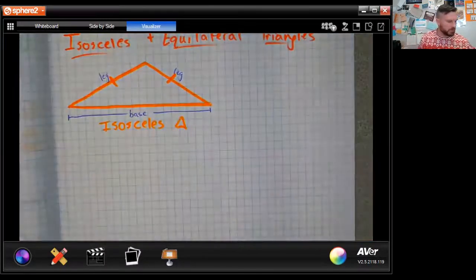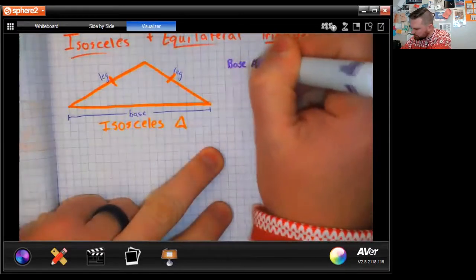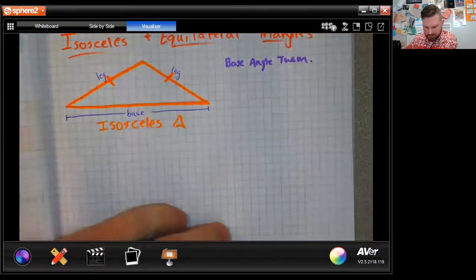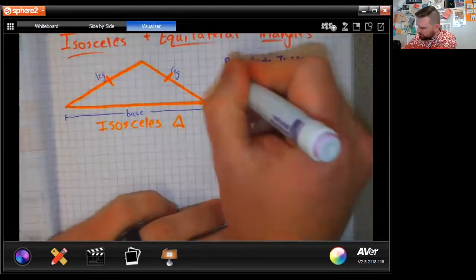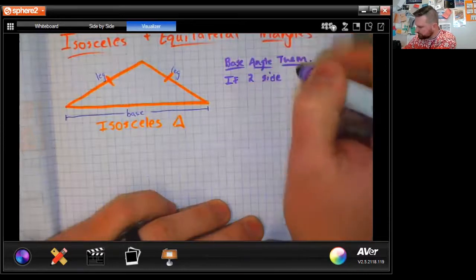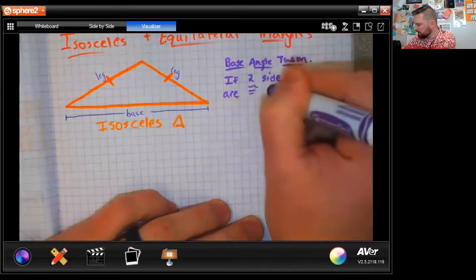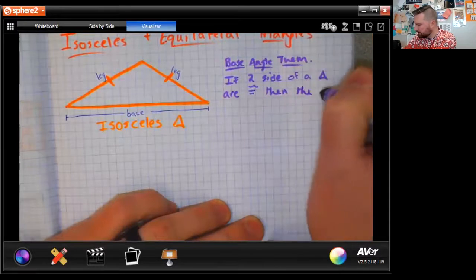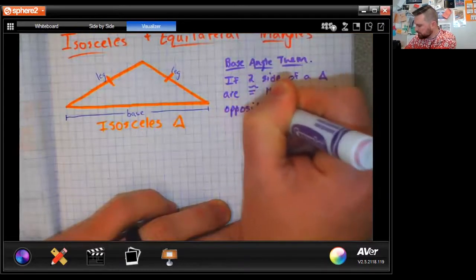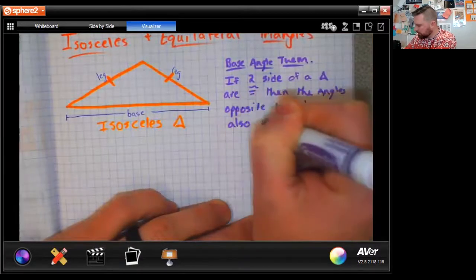Okay, and we have what's called the base angle theorem. The base angle theorem says if two sides of a triangle are congruent, then the angles opposite these sides are also congruent.